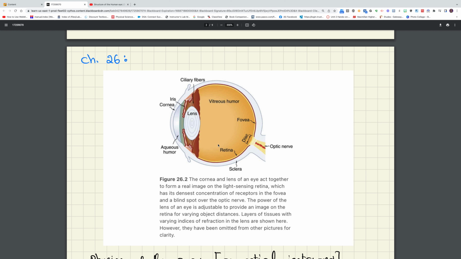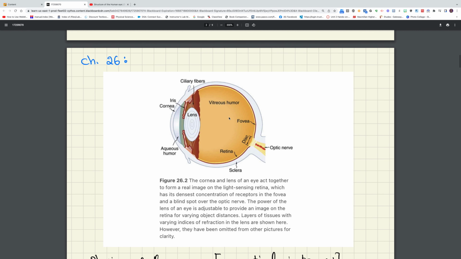And here, we're just going to say that the light is coming into the eye, and the cornea and the lens are going to form a kind of thin lens system that is going to form a real image on the retina.